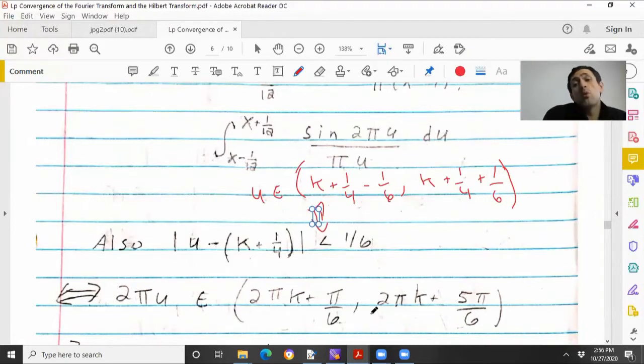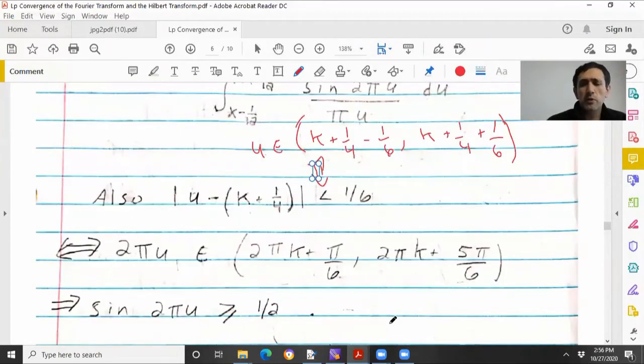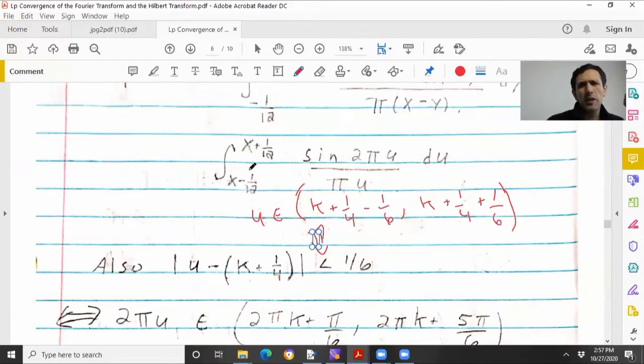And that's very important. By just looking at the unit circle, we're between pi/6 and 5 pi/6, so sine is bigger or equal to 1/2. So we've got to figure out x where sine 2 pi u is bigger or equal to 1/2 if u is between x minus 1/12 and x plus 1/12.